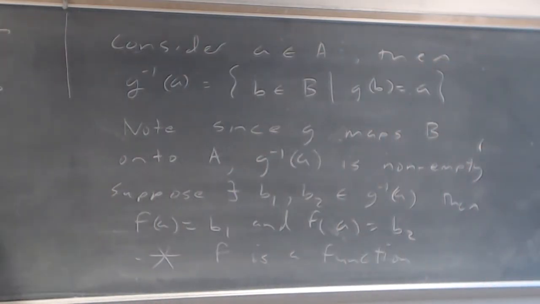Thus, what we have shown through this function G is that B is equivalent to A. I'll write that up.